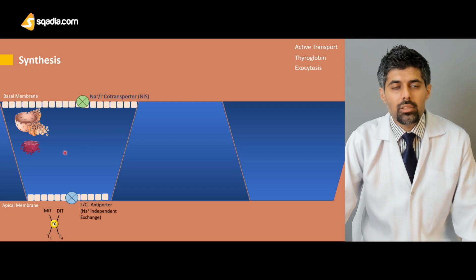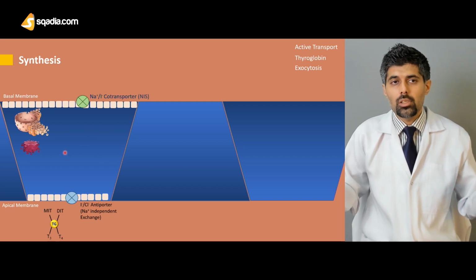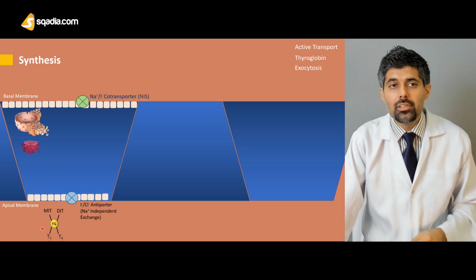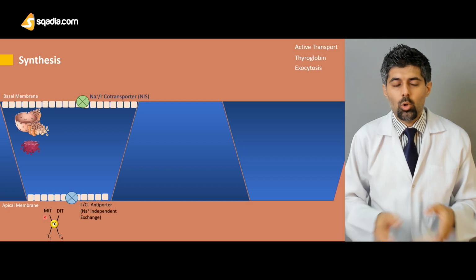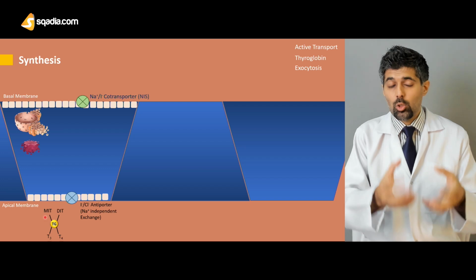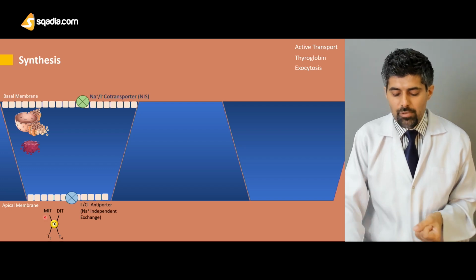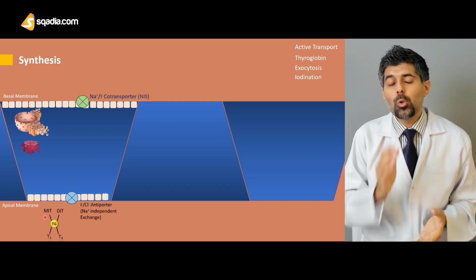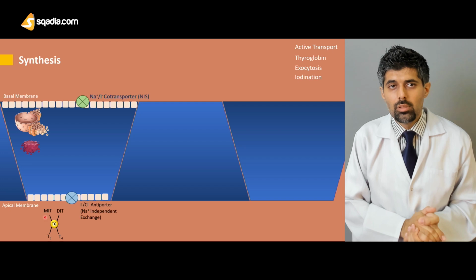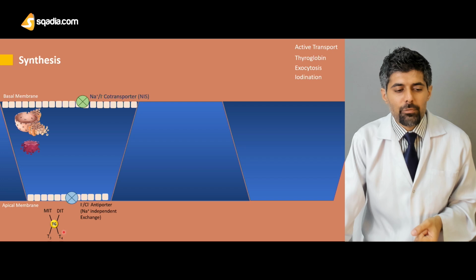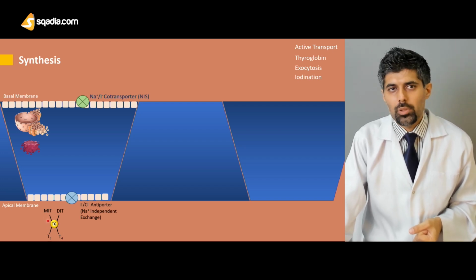When this colloid fills up the follicle, it starts to exocytose outside of the follicular cells. And because of this exocytosis, we have the next process, which I just explained, known as iodination. Because of the iodination, we have four different iodinated products attached to the thyroglobulin.